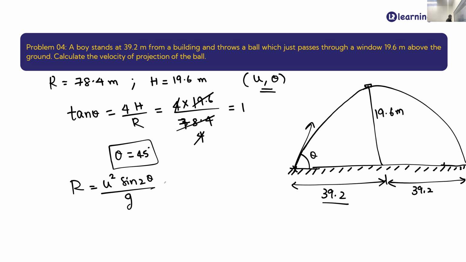R is given as 78.4, equal to u square into sine 2 theta, and sine 90 is going to be 1, the whole divided by 9.8. So u square will be equal to 78.4 into 9.8. Now the question is, 78.4 is how many times 9.8?